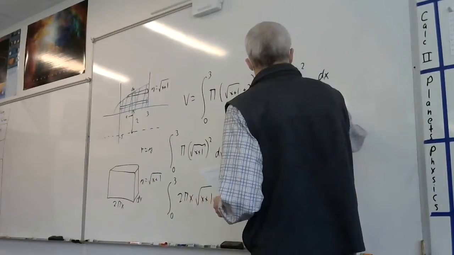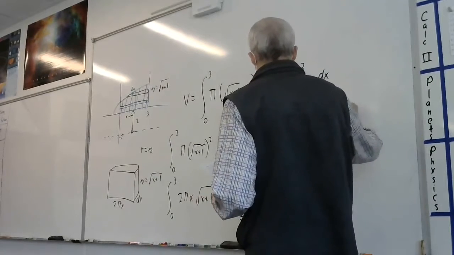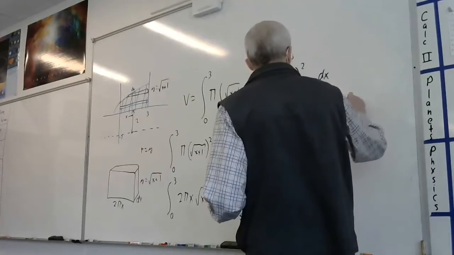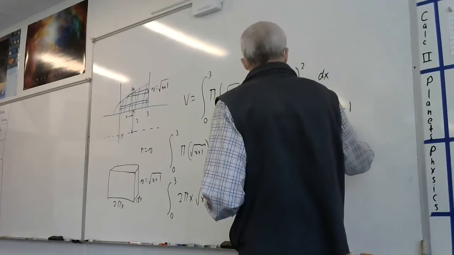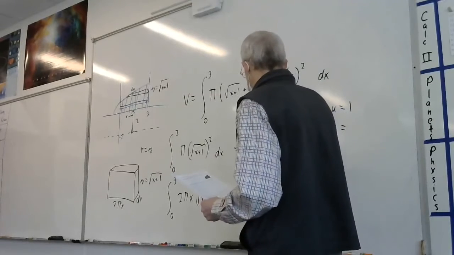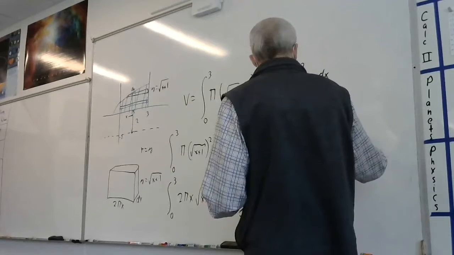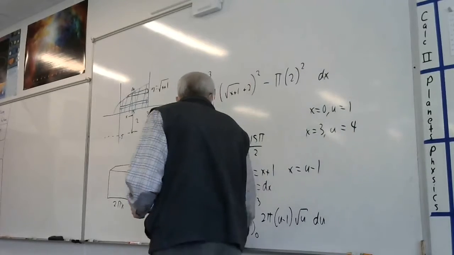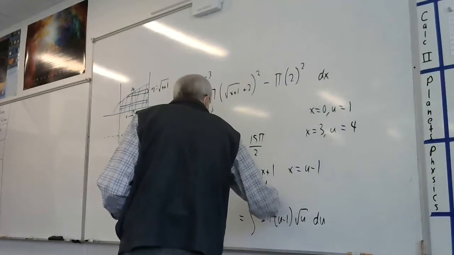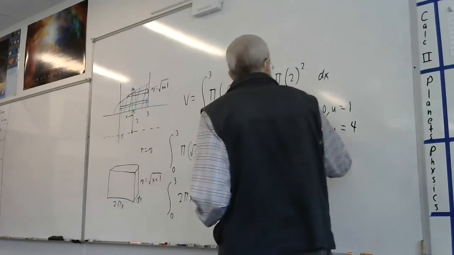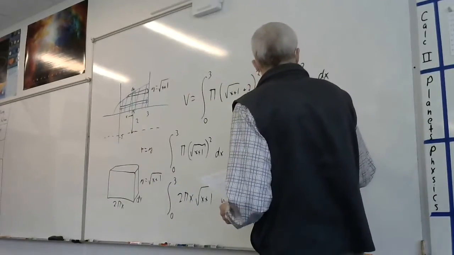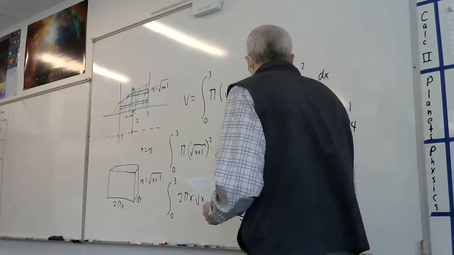When x equals 0, u is equal to 0 plus 1, so u is equal to 1. When x equals 3, u is equal to x plus 1, which is 4. So we never have to go back to x's if we change our u limits from 1 to 4. 0 becomes 1, 3 becomes 4.